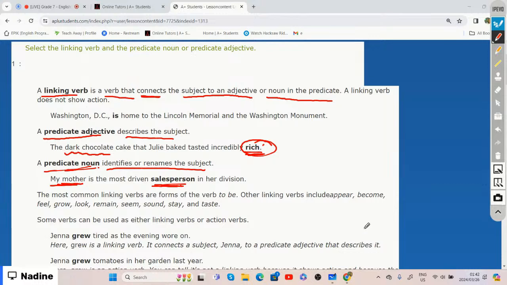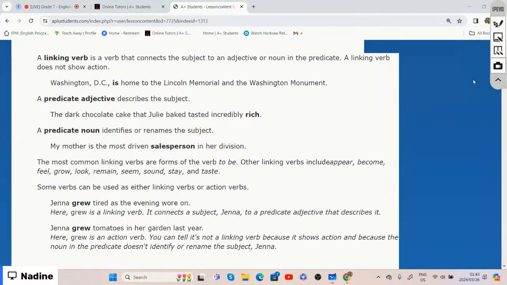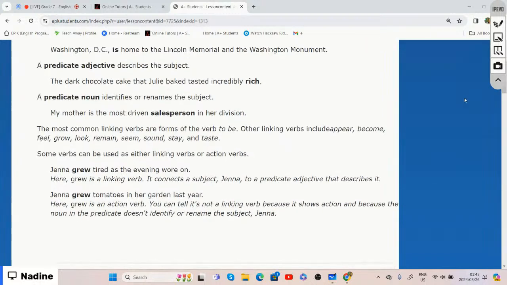And we see that some of the linking verbs can also be used as action verbs. So some of the verbs can either be used as linking verbs or as action verbs. An example is: Jenna grew tired as the evening wore on.